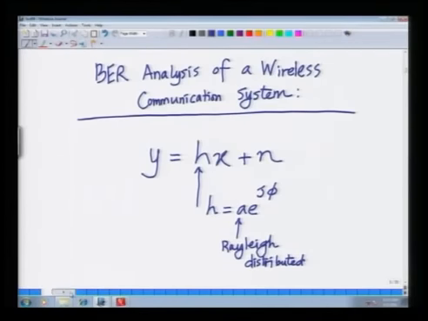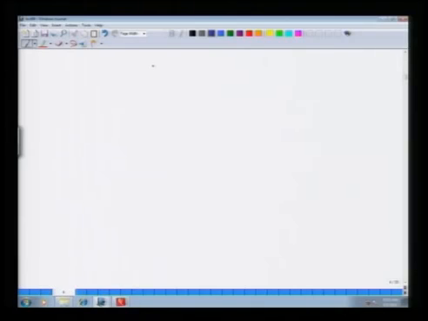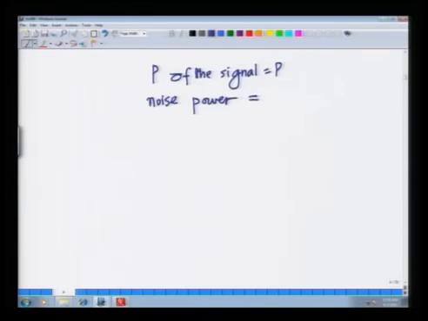Let us say the power of the signal is P, similar to earlier. Remember, we want to compare the performance of wired and wireless communications for the same transmit power. The noise power equals sigma n square.